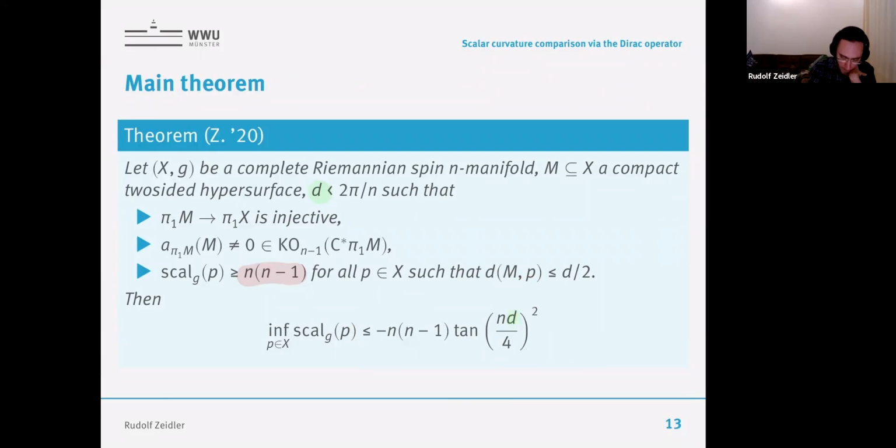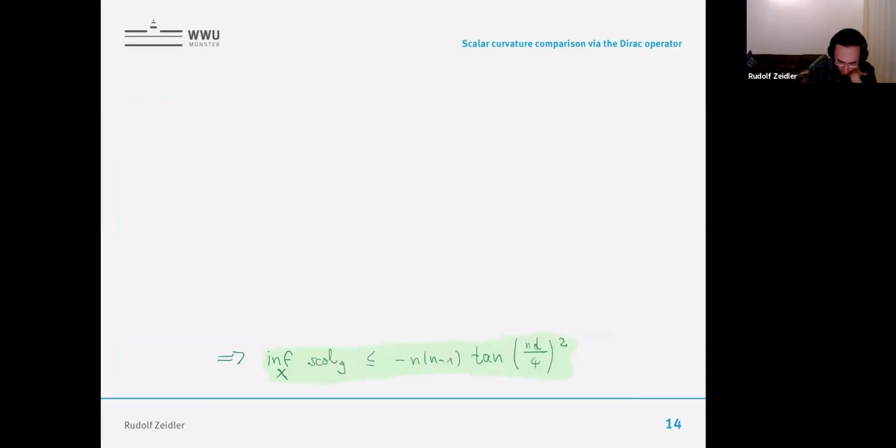And maybe note that this expression goes to minus infinity if you approach the constant 2 pi over n. Okay, that's the statement, and I guess maybe the idea is this.